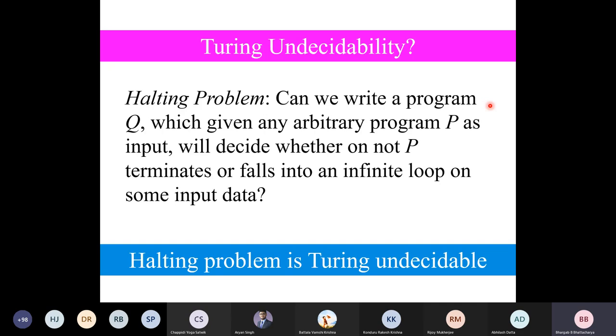This cannot be solved by a Turing machine, and hence this is Turing undecidable. So the presence of an infinite loop in an arbitrary program cannot be identified using another program. It has a lot of theoretical consequences. You would read more about this when you study the theory of computability and other courses.